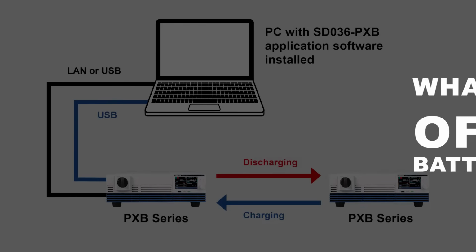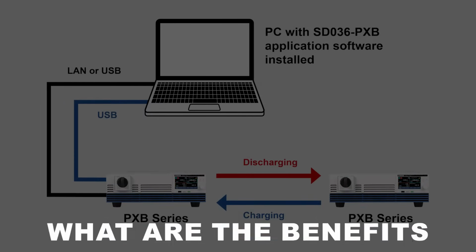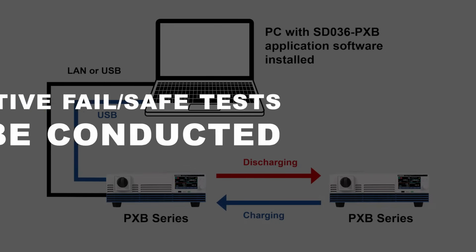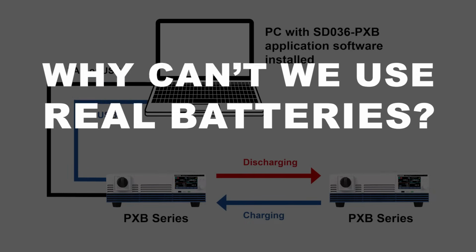Let's talk about the benefits of using the battery emulator. First of all, the system allows us to repetitively perform the fail-safe tests for battery-powered devices. But why can't we use real batteries? The disadvantage of using real batteries is that once used, they must be replaced with batteries having the exact same characteristics.